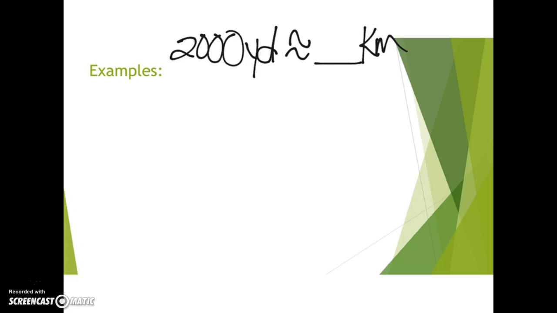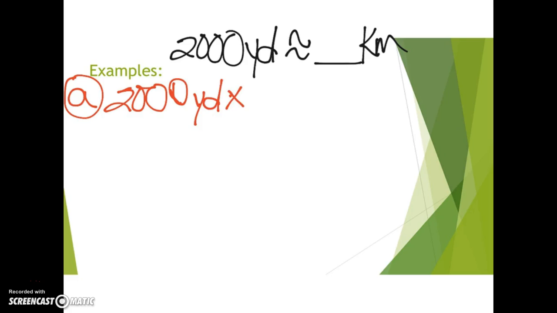So this is going to be our step A or step 1. We're going from 2,000 yards, and we're multiplying this times 0.9, okay, because the conversion rate from our conversion chart is 0.9 meters for every yard, and this is going to give us our answer in meters, right? So 2,000 times 0.9, that's going to tell us we have 1,800 meters, okay?